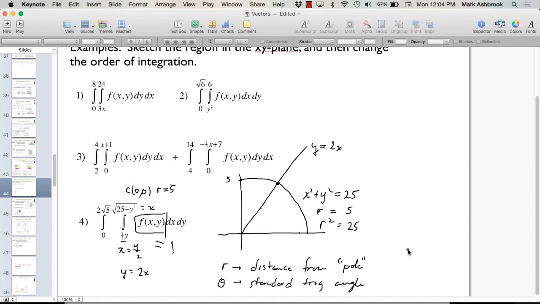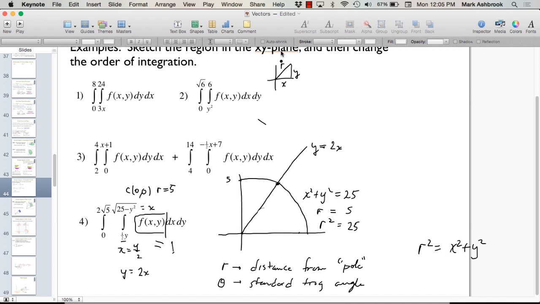For a point, we can always have a right triangle, where r is the length of the hypotenuse and x and y are the legs. So I can draw that here: x, y, r. And we immediately see that r squared equals x squared plus y squared.